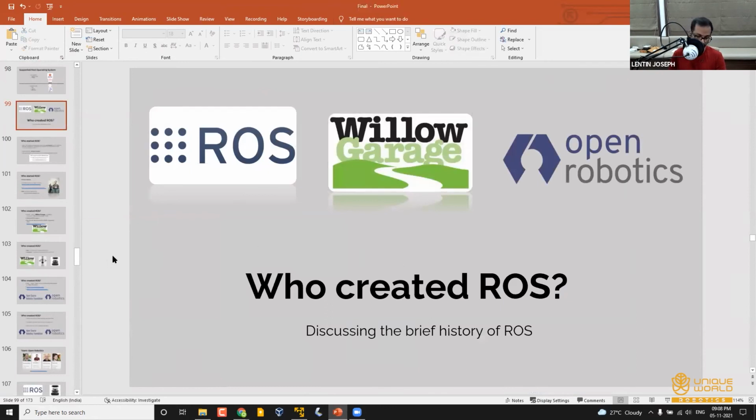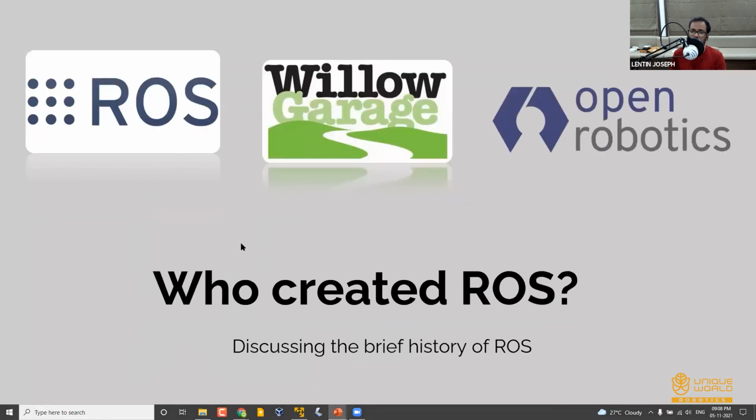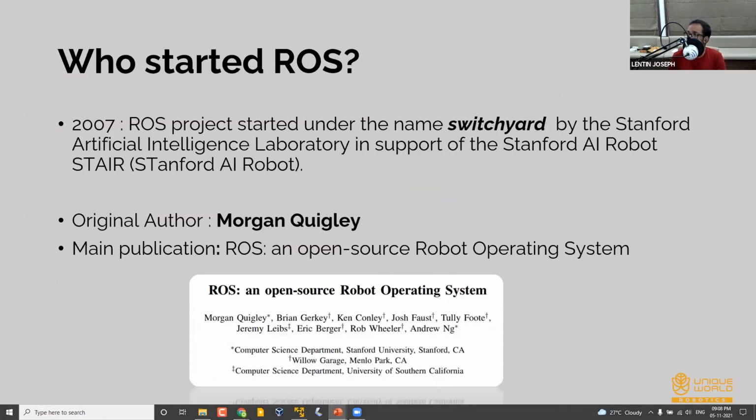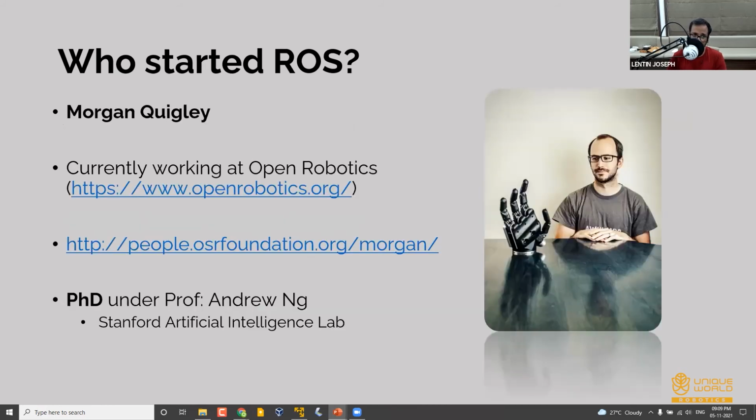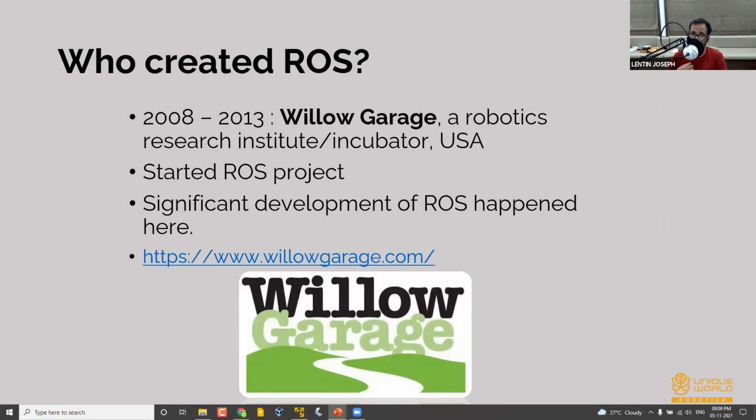Okay, so the basic version of ROS was developed at Stanford, called Switchyard, by a researcher called Morgan. Then there was a company called Willow Garage in 2008. They took this project and renamed it ROS.